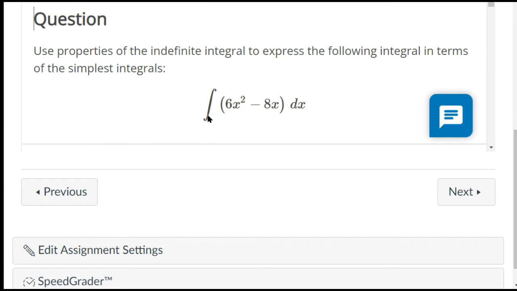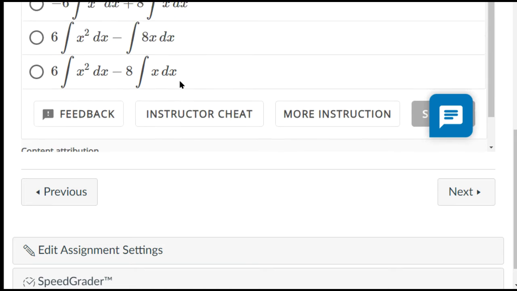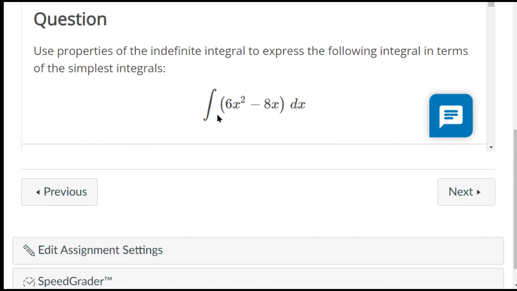Use properties of the indefinite integral to express the following integral in terms of the simplest integrals. Well, that's easy. I said it was easy a minute ago and then got it wrong. And here we are again with all the answer choices, but it's 6 integral x squared dx minus 8 integral x dx.